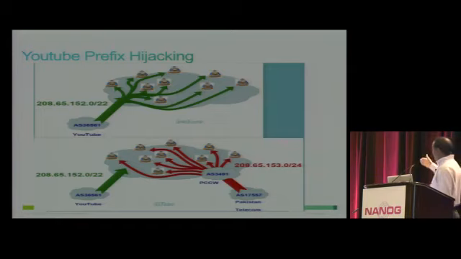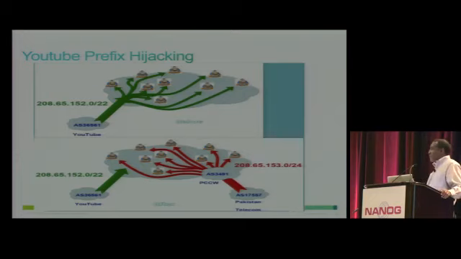And that was because Pakistan Telecom advertised a more specific version of a YouTube prefix. In this case, they advertised a /24 of this, but YouTube was advertising a /22, because YouTube was being good for the internet and advertising only the /22 prefix to make the internet stable. But Pakistan Telecom was advertising a more specific one, attracting the whole traffic to them.